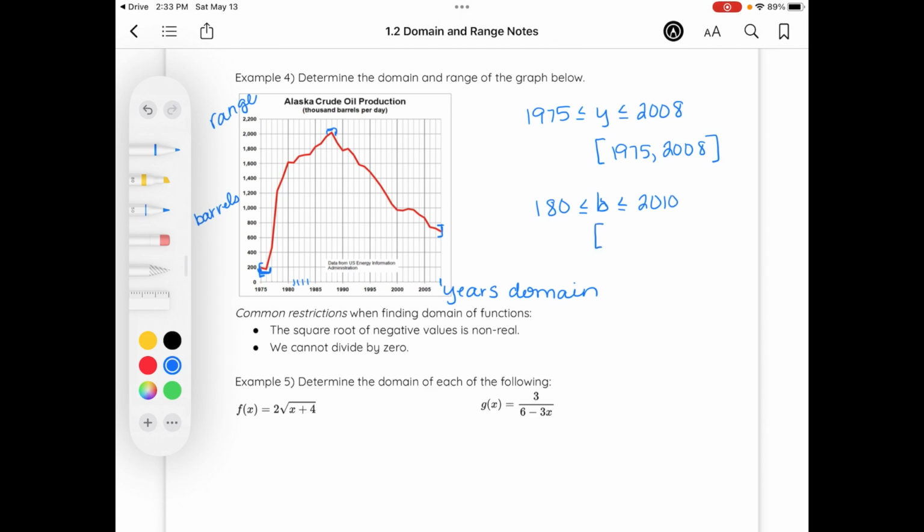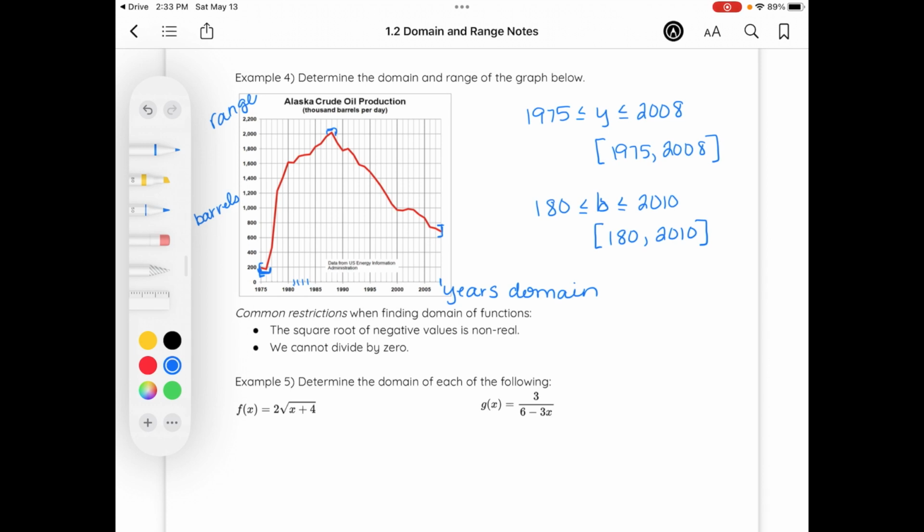Again, I could also put it in interval notation as well. So 180 to 2,010 barrels included. I don't see that there are any holes, so we can assume that they reach that level. And again, those are just our best guess as to where the graph ends.